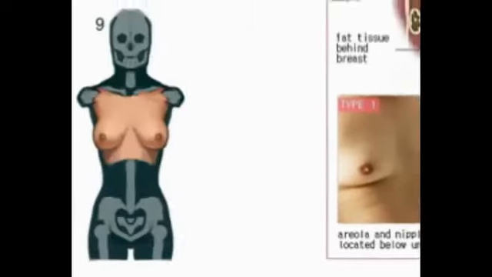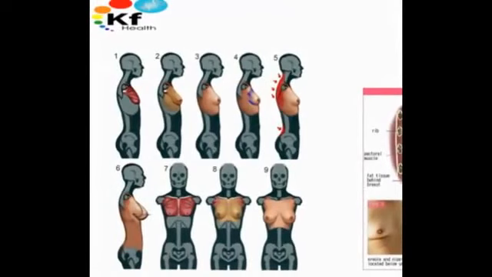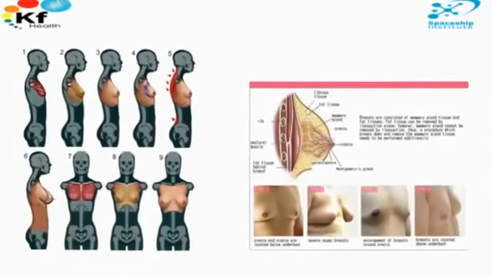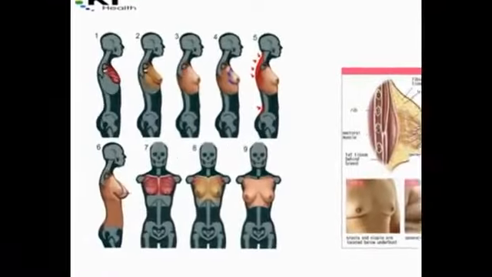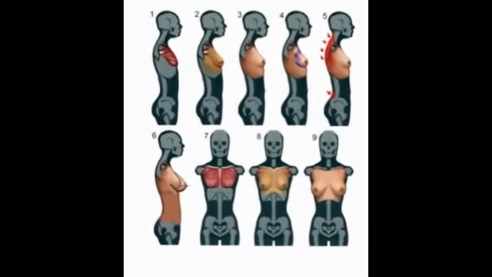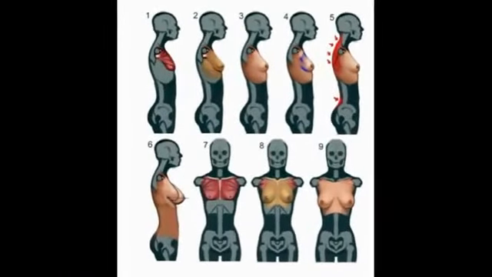The next slide is a representation of different shapes of the glandula mammae. It depends on the shape of our spine and how gravity goes through our spine. It also depends on the strength of the muscle tissue in our thoracic area, especially the pectoralis major and minor muscles.